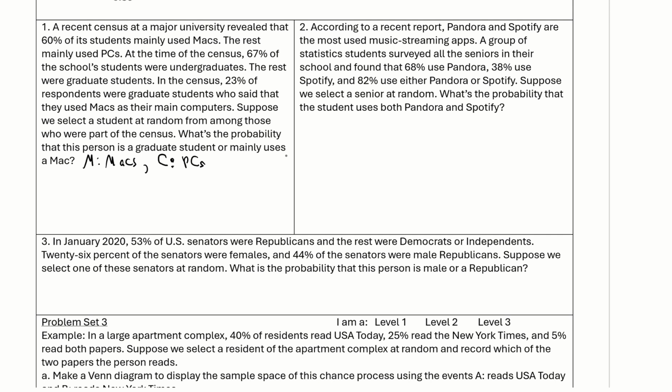At the time of the census, 67% of the students at the school were undergraduates. The rest were graduates. Okay, gotcha. So M is for Macs, and we'll say G is for graduate student.